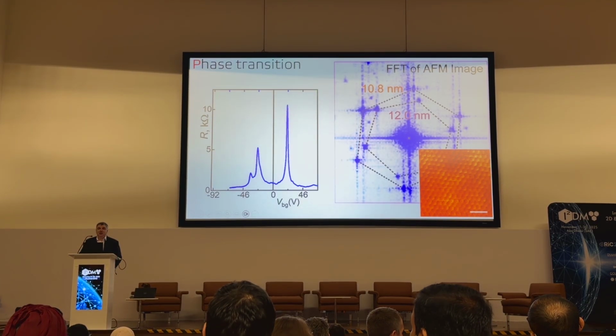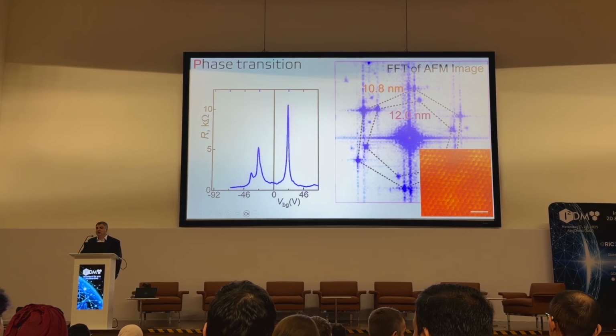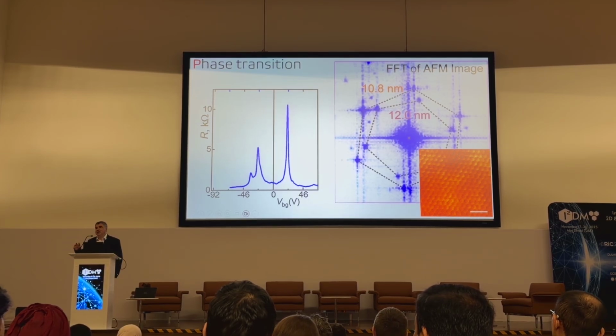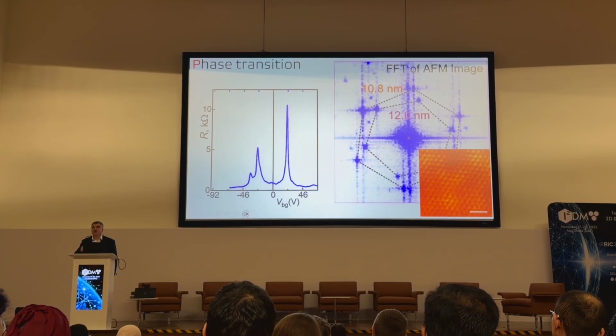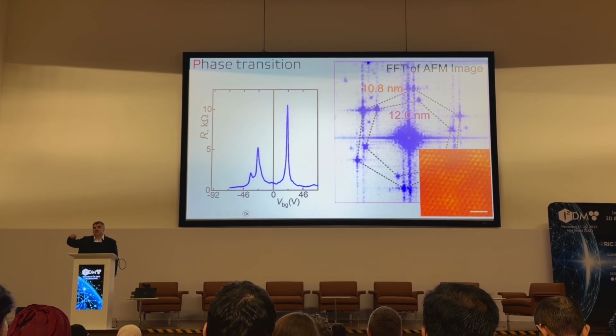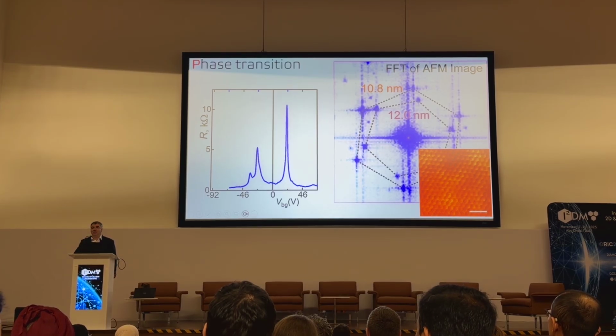And then you do the usual measurement as a function of gate. You change the carrier concentration in your graphene, and every time you go through the Dirac point, the resistance of course goes up. You don't have the electrons there to conduct, and then there are additional peaks, which are the secondary Dirac points, where your electrons start to Bragg scatter on the Moiré pattern.